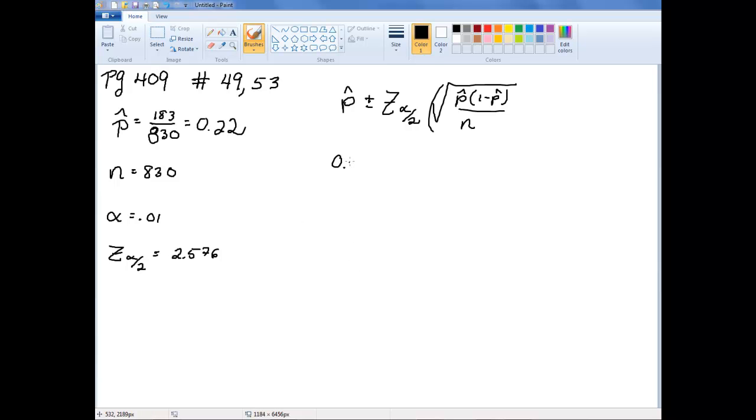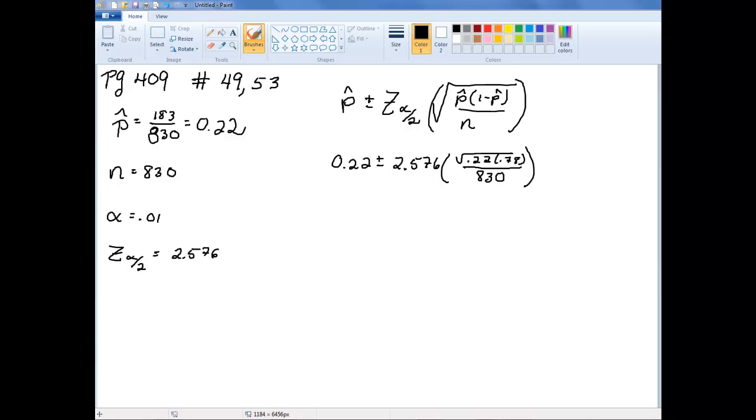So 0.22 plus or minus 2.576 times the square root of 0.22 times 0.78 divided by 830.